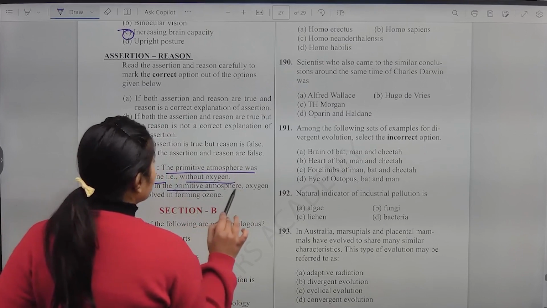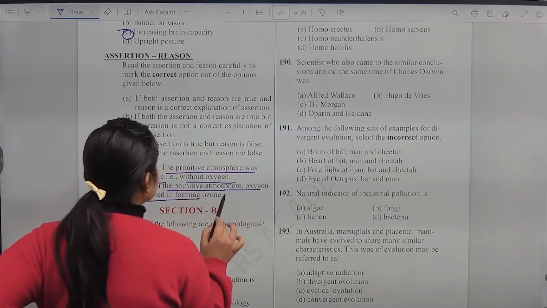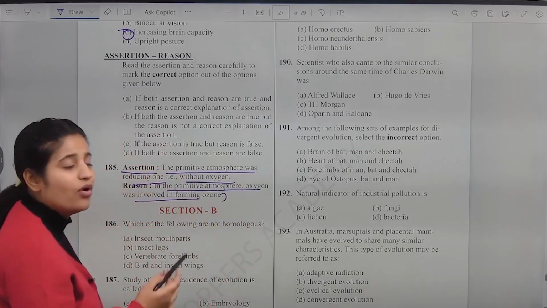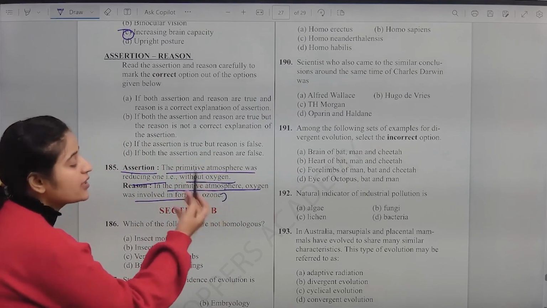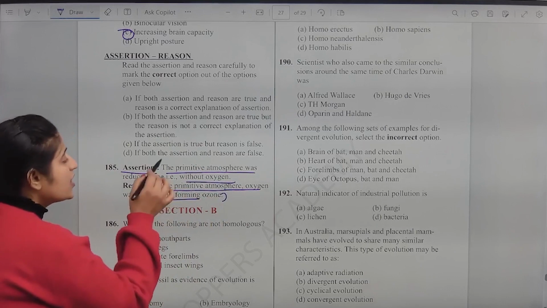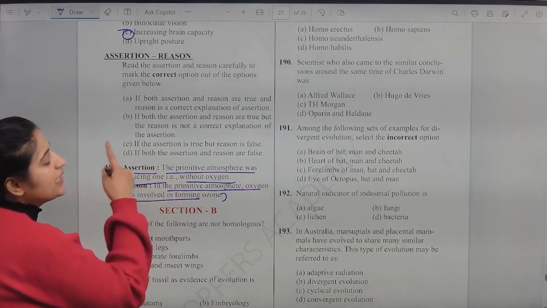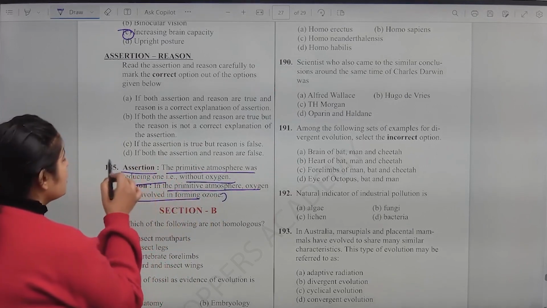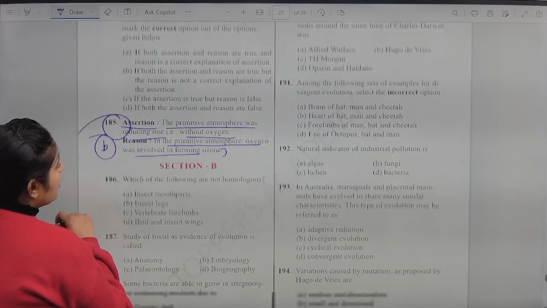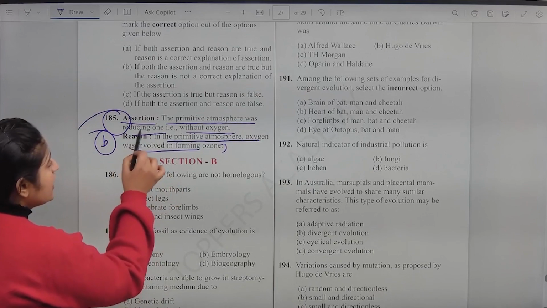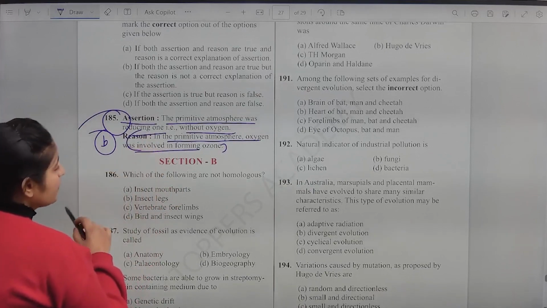Reason: in the primitive atmosphere, oxygen was evolved, forming the ozone. No, because the primitive atmosphere was without oxygen. So how did oxygen form the ozone? So assertion is true, but reason is not the correct explanation of the assertion. So the answer is B. Both assertion and reason are true, but reason is not satisfactory with the assertion.